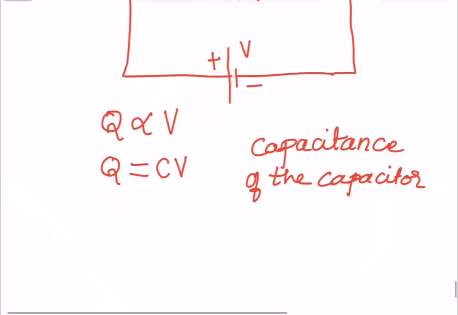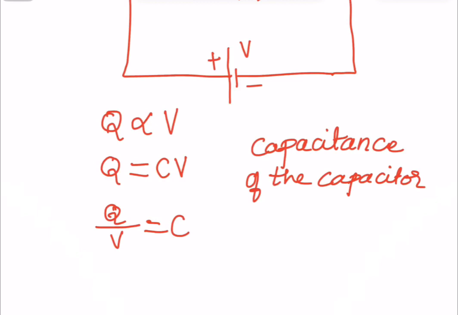Now, can you define the capacitance of a capacitor? Why not? For that, you have to solve this equation for C. Q by V is equal to C. Using this, you can define the capacitance of the capacitor.